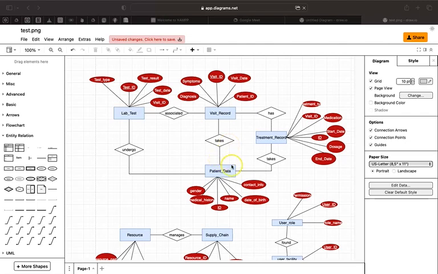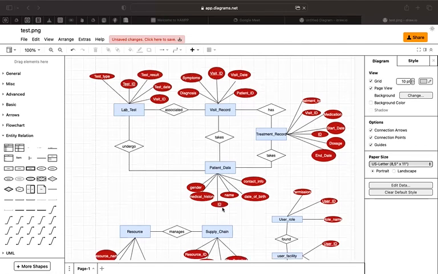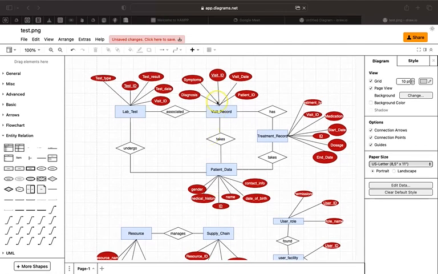And before that, I would like to explain my primary keys. The patient data has the primary key, which is the patient ID. The visit record has the primary key, which is the visit ID.